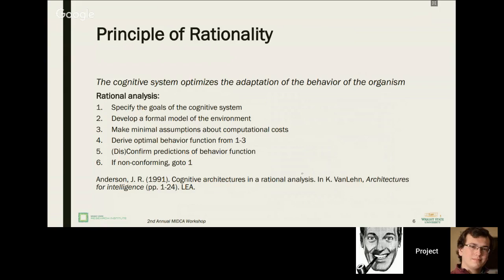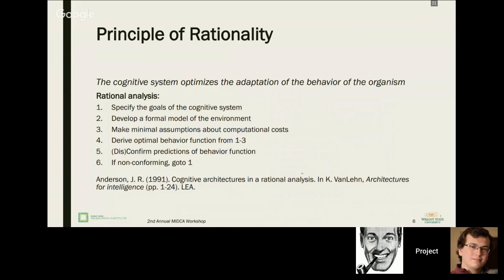And under this principle, when you want to use a cognitive architecture, you first have this rational analysis. The first three steps are to specify the goal that you're trying to model for this cognitive system, the set of goals for the behavior that you're modeling with the architecture.